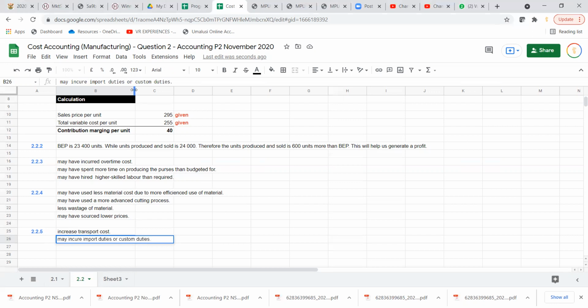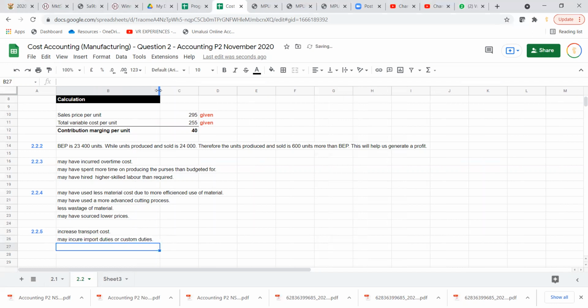If you try to buy something from Amazon.com, you will see they tell you that you must pay for customs or import duties. Okay, they are sometimes included in the transport costs. So that is definitely a possible reason.